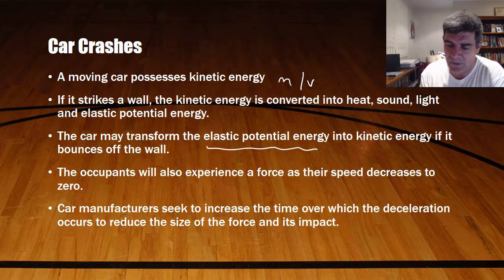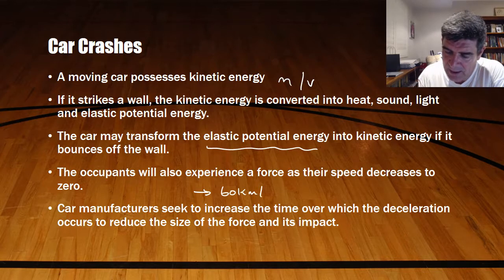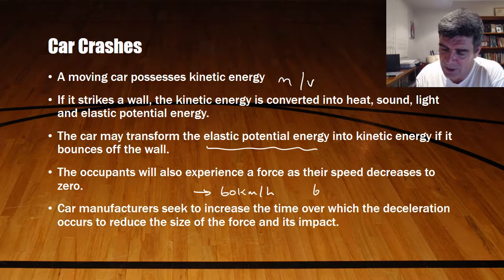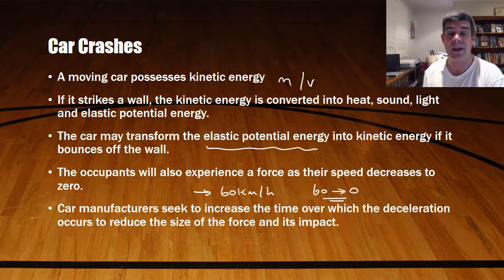So if a car is moving forward at, for example, 60 kilometers an hour, and it strikes a stationary object which pulls it to a stop, then that's a very massive deceleration from 60 to 0 in a very short period of time. That's what can cause lots of problems. If we can increase the time over which that deceleration occurs, then we can reduce the size of the force and its impact on the individuals.